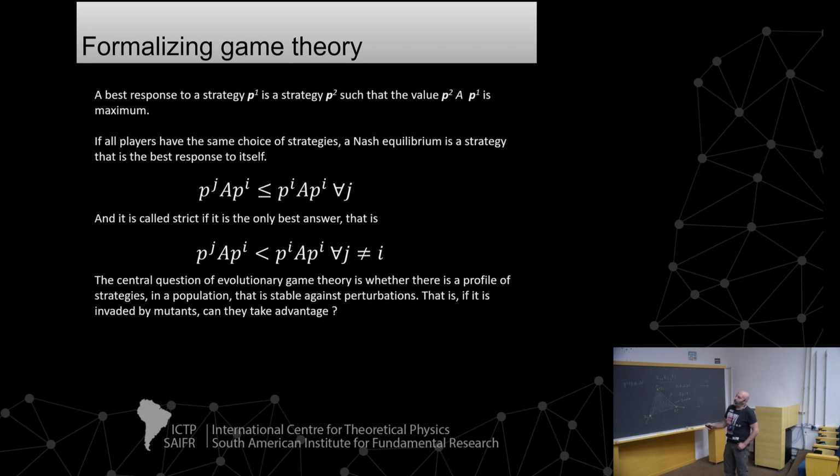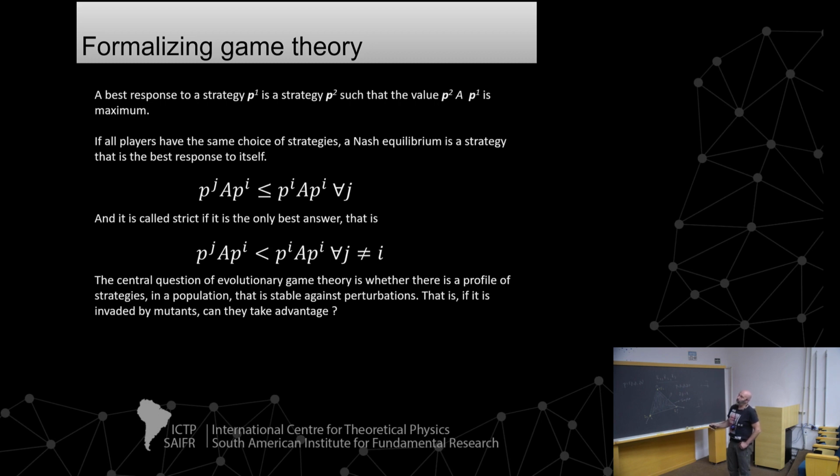So if what I have here is greater or equal, I will talk about a Nash equilibrium. But if this is a strict greater than, and there is no equal here, that means that the highest payoff against this strategy is obtained by the strategy itself. For example, if the highest payoff is obtained by P_i itself and no other strategy, we are talking about a strict Nash equilibrium.